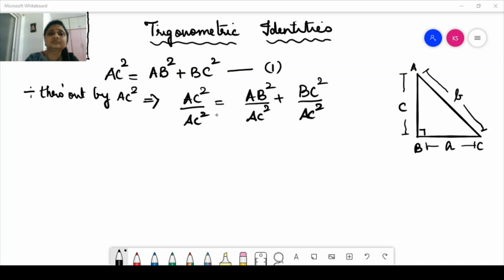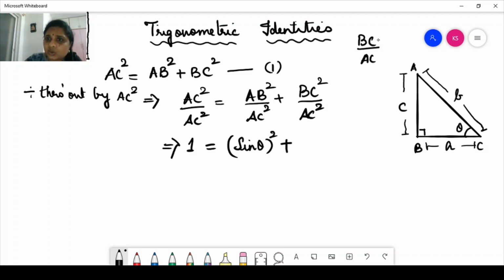Okay. So now AC square by AC square is equal to 1. Am I right? That is equal to AB square by AC square. What is AB square by AC square? Let's say C is theta. According to this angle, AB by AC is nothing but sine of theta. Correct? So sine of theta, the whole square, plus BC square by AC square, which can be considered as BC by AC the whole square, correct?